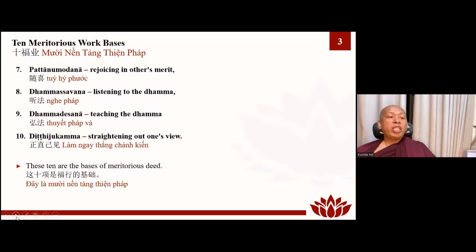Okay, now the last one is Ditthijukamma, straightening out one's view. So we have to make our view right. When we have right view, we may do good things. We may have many different types of wrong view. Then we have very sensitive or very risky wrong view, such as causeless or rootless view.